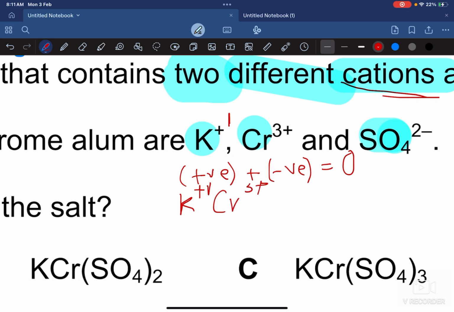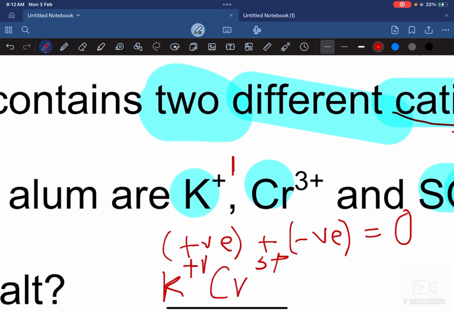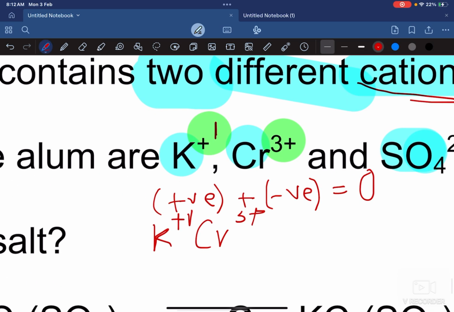Now, one thing we must know is that we have 2 different ions, and the total positive charge is: one is potassium, one is chromium. Potassium has +1, chromium has +3, and the total positive charge combining both is positive. So what does +1 plus +3 come to? It is equal to +4.